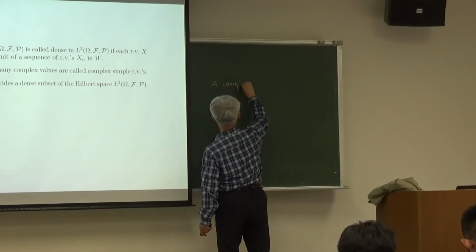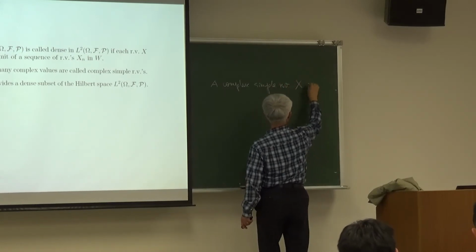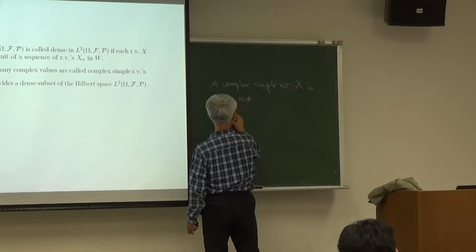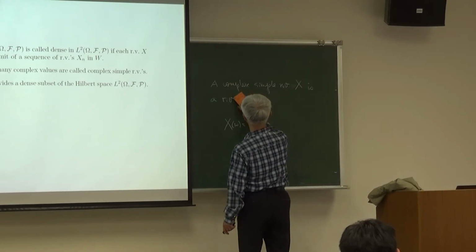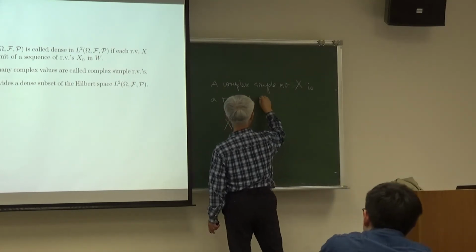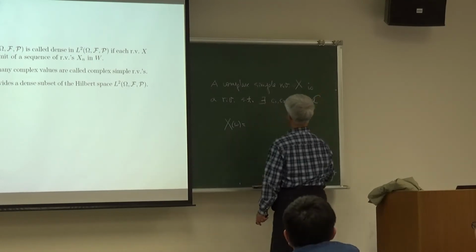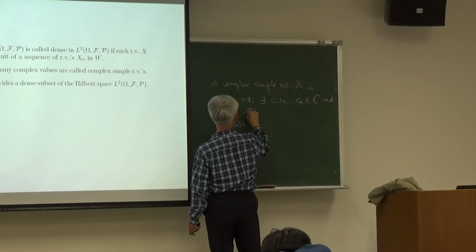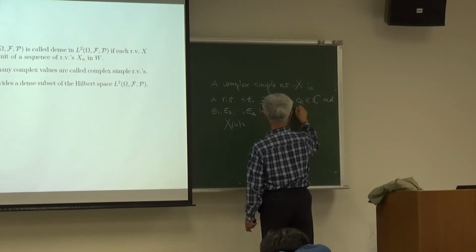A complex simple random variable x is a random variable such that x equals... there exist c1 up to ck, complex numbers, and d1 up to dk, with a disjoint union.